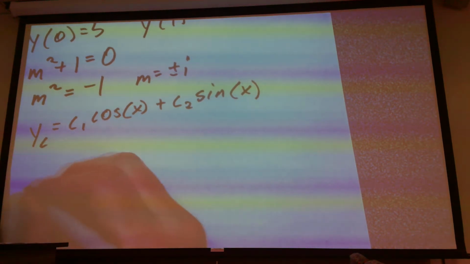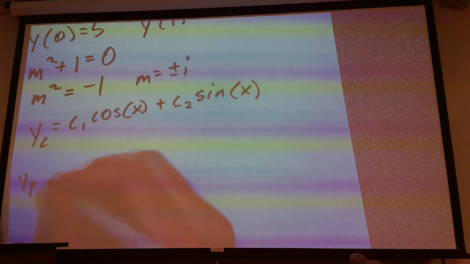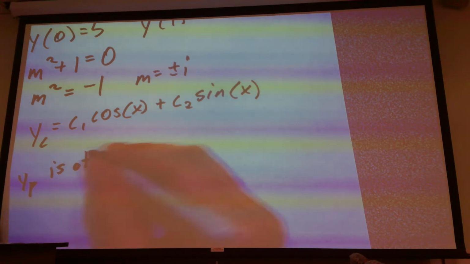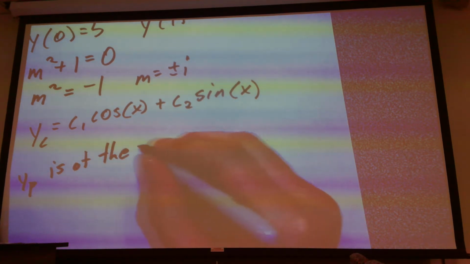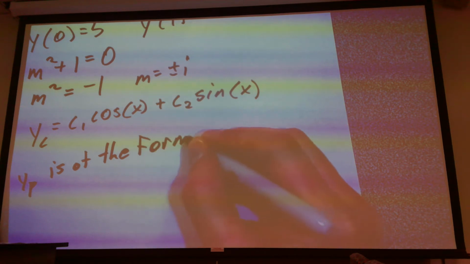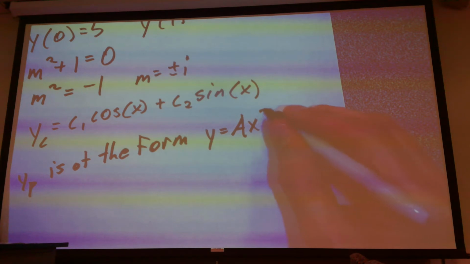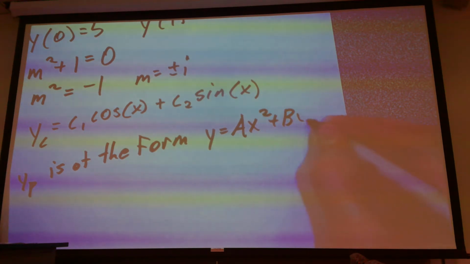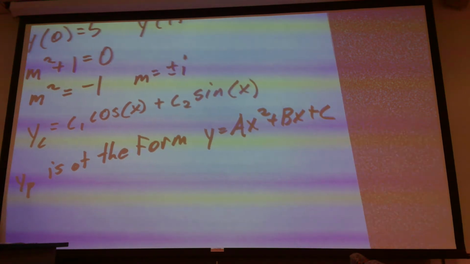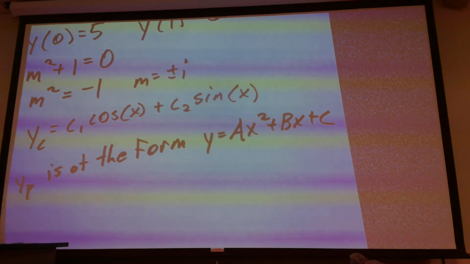Now, y sub p is of the form, it's a quadratic, so it's going to be ax squared plus bx plus c.